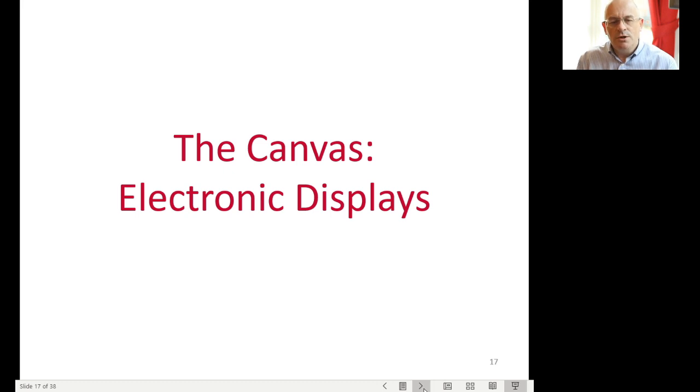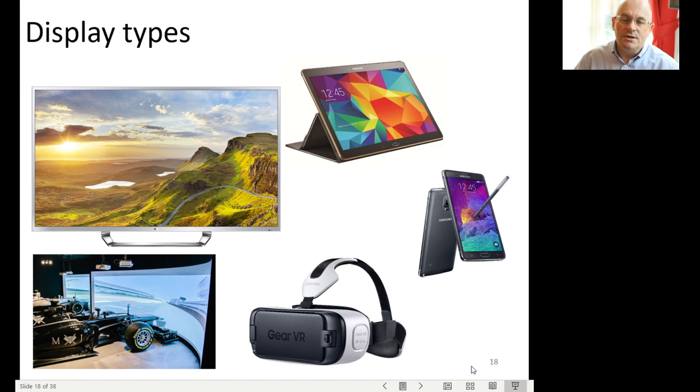We'll now move on to look at the canvas, the electronic displays that we draw our pictures for. Here's some examples. Desktop monitors and TVs these days are extremely good at very high range of colors, very high resolution, and quite a good range of brightness. Not really real world brightness, but still you can get pretty bright pictures on modern monitors.